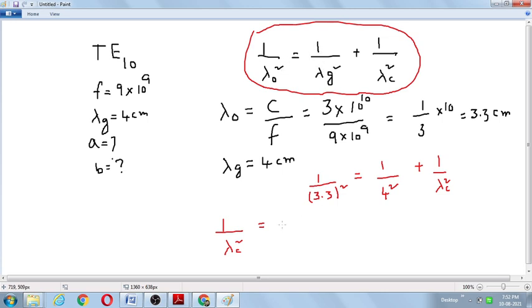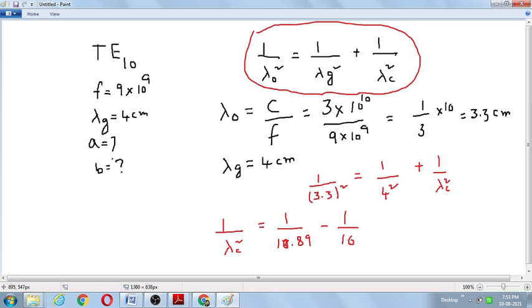So 1 by lambda naught whole square is equal to 1 by 3.3 whole square. 3.3 whole square, that is 33 whole square equal to 1089, that means 10.89 here. So 1 by 10.89 minus 1 by 4 whole square, that is 1 by 16.